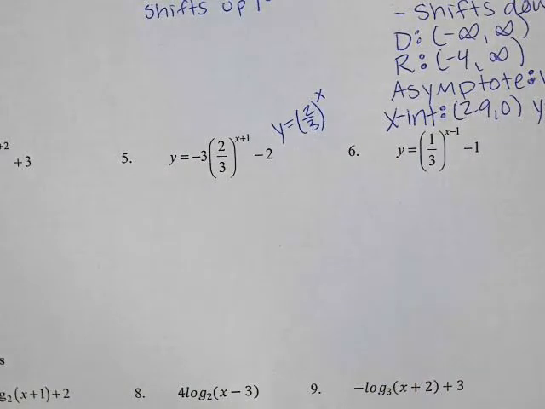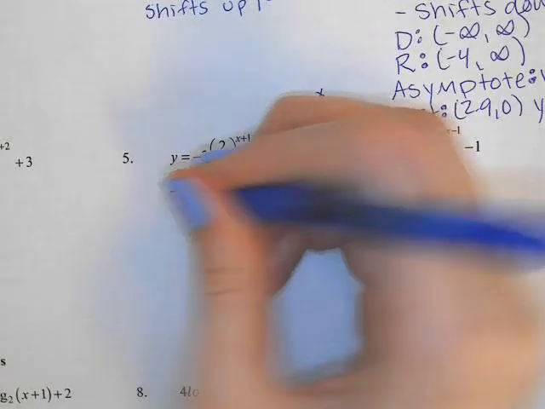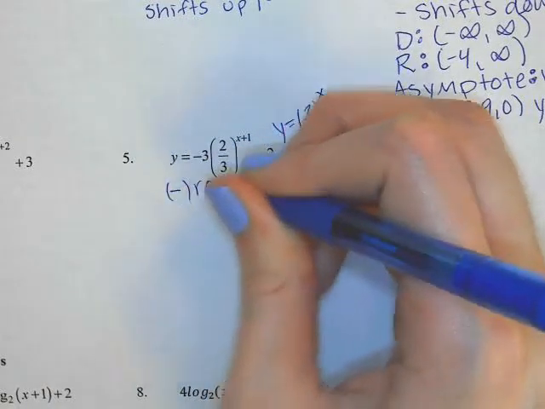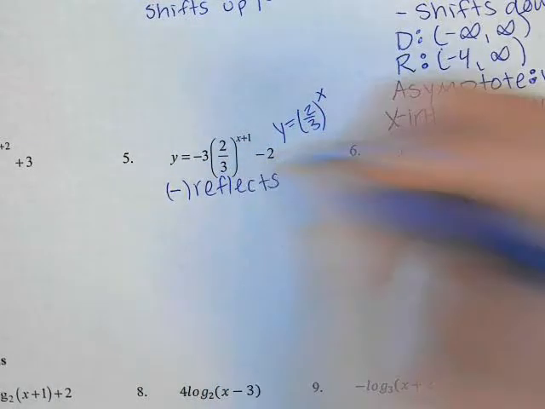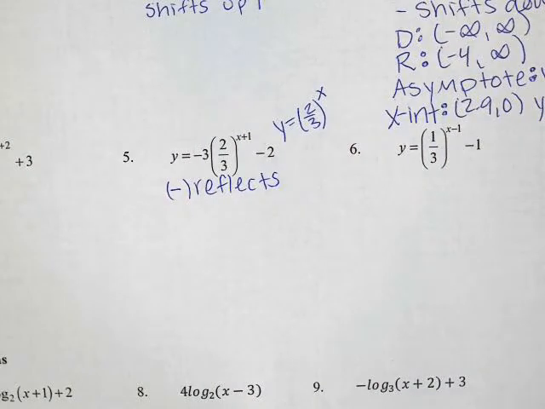Yes, and this is the one that gets a lot of people whenever it comes to quiz time. Does negative 3 mean that you are compressing? No. It's greater than 1. So the negative is its own transformation. That's what causes the reflection. But you can reflect and stretch at the same time.